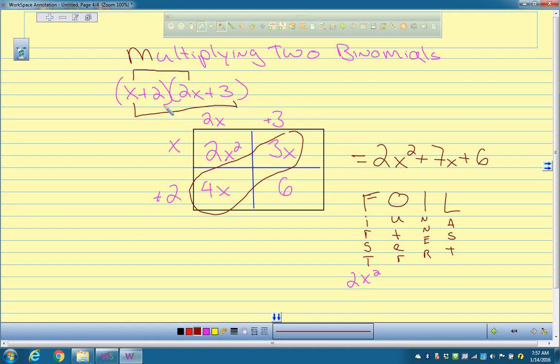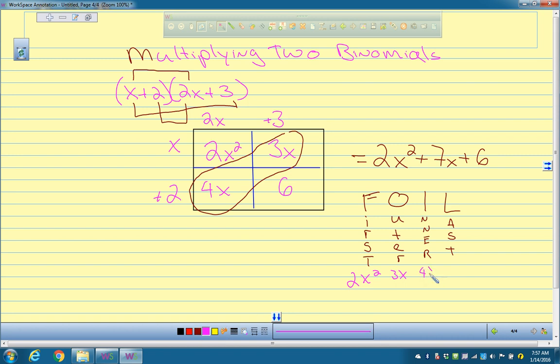So the outer is x times 3. In my little example here, the outer was 3x. What was the inner? The two numbers multiplied together on the inside. 2 times 2x makes 4x.